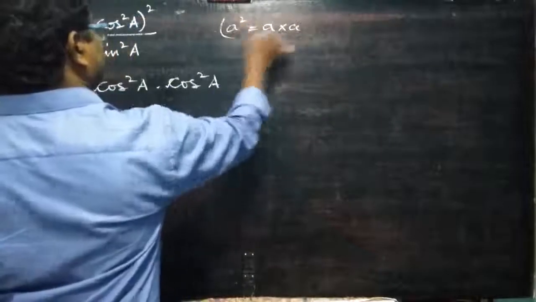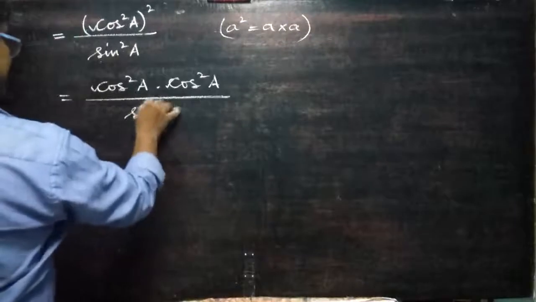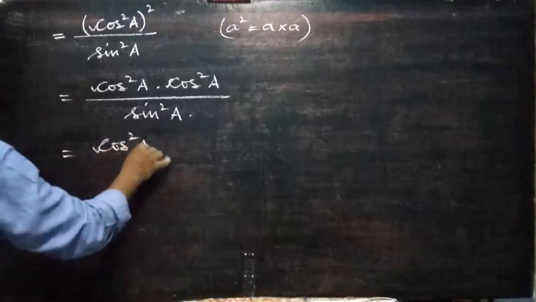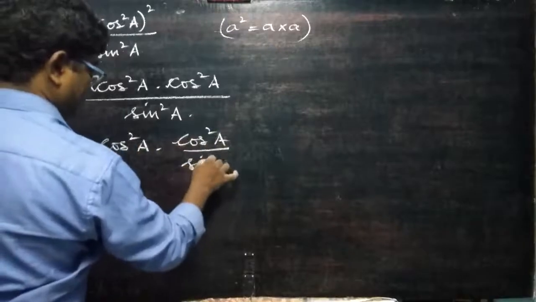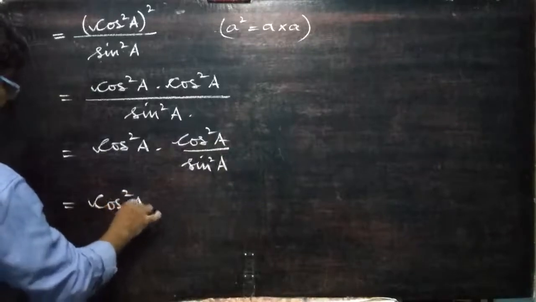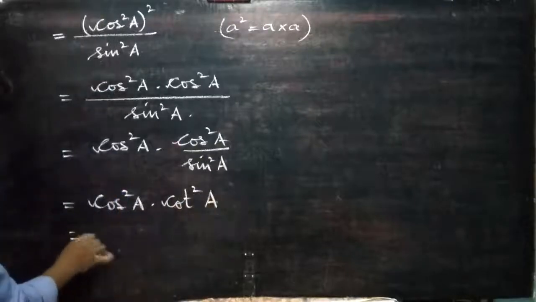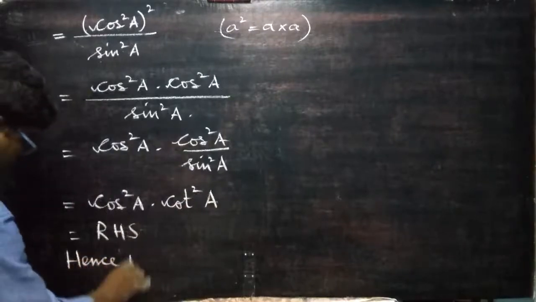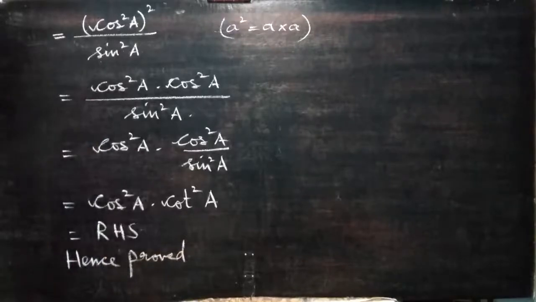A into A. In the same way, here I wrote 2 times by sine square A. Now you write cos square A into cos square A by, for any one you give. Cos by sine means cot. So cot square A. That is equal to RHS. We started with LHS, we came to RHS, hence proved. This is the way of solving.